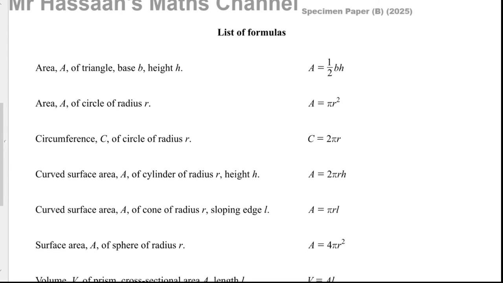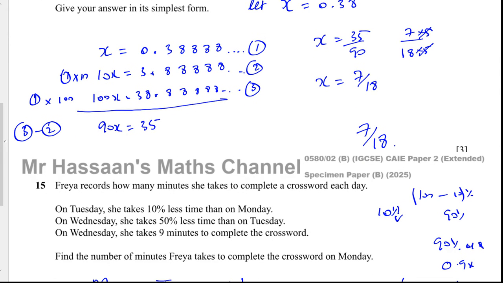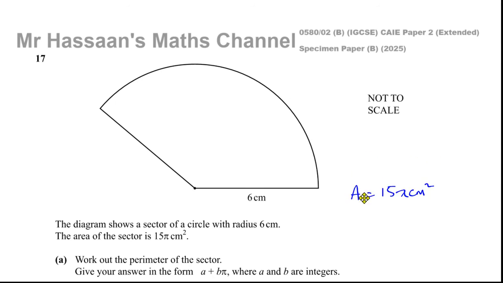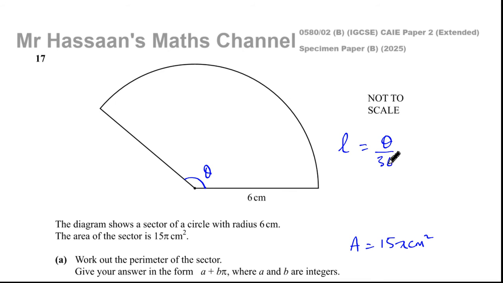Okay, so if we go back to our question now, it's over here, a bit further on. What we should know is that the length of the arc of a sector is given by the angle, which we're going to call theta, over 360 times 2 pi r.